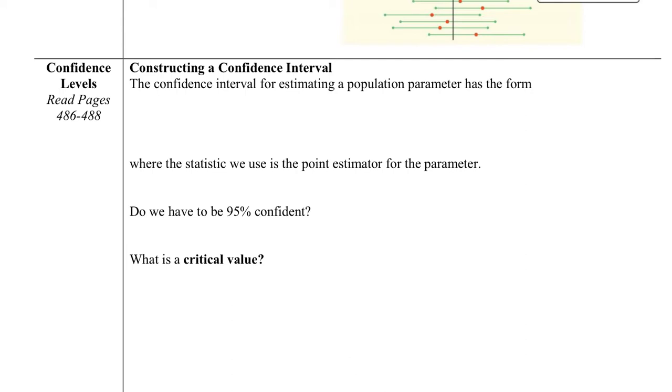So this is how we find that interval of values we're willing to accept for our possible parameter. So we have that lower bound and that upper bound.